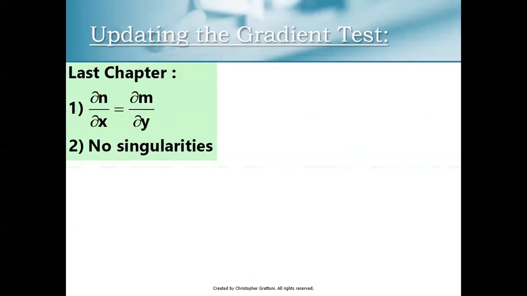And now that we have this definition for the rotation of the vector field, we can actually update our gradient test that we had from last chapter. Remember, the gradient test really asked us to do two things. The main thing was to make sure that dN/dx is equal to dM/dy, but if you subtract dM/dy from both sides, you get dN/dx minus dM/dy is equal to 0. Oh, and that's the rotation of the vector field.